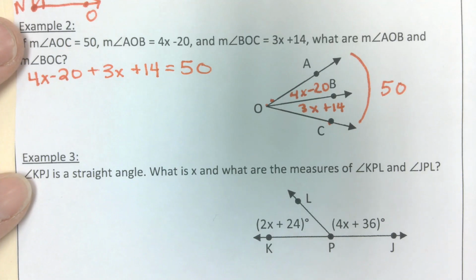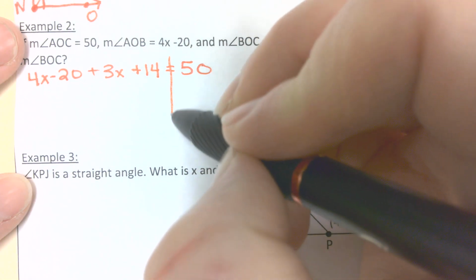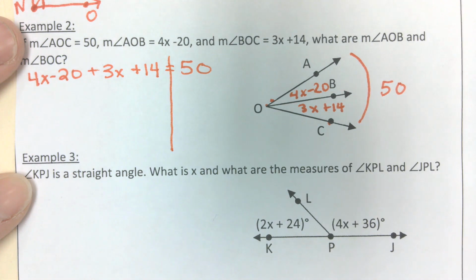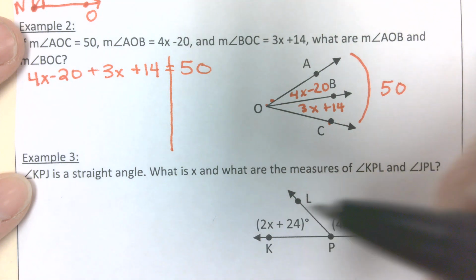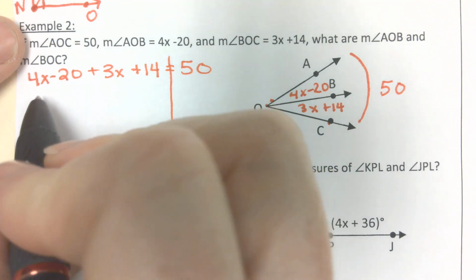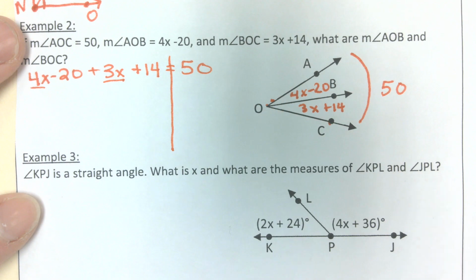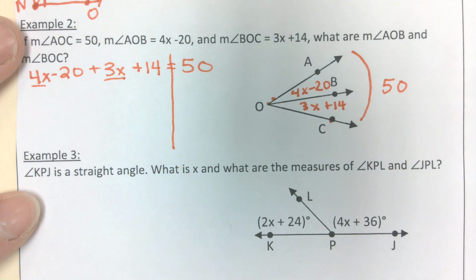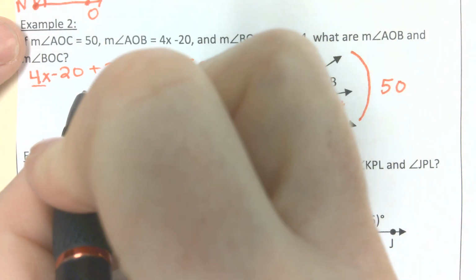So it looks like we have an equation we got to solve. So draw your line down your equal sign. We're going to have to write small. This is tough for me because I like to write really big. So we are going to combine like terms. So we have on the same side of the equal sign 4x and 3x. That makes 7x.